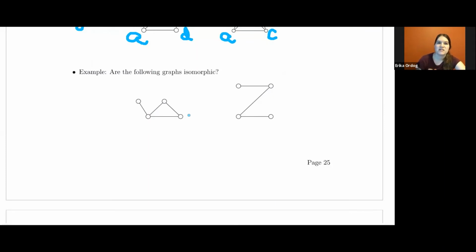There has to be the same number of vertices adjacent to the vertex we're looking at here if we're going to label that vertex with the same label in this graph. So I noticed that this vertex here has degree 3, but there's no vertex here with degree 3. So no, these graphs can't be isomorphic.